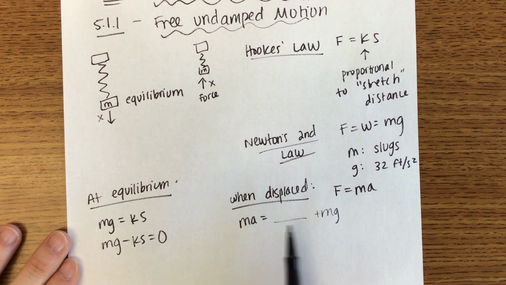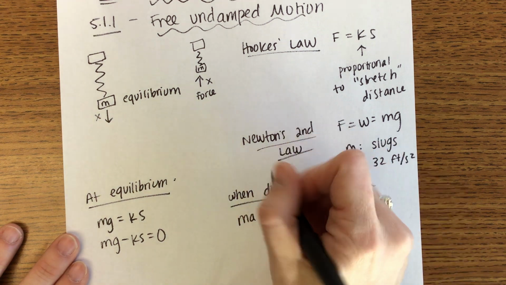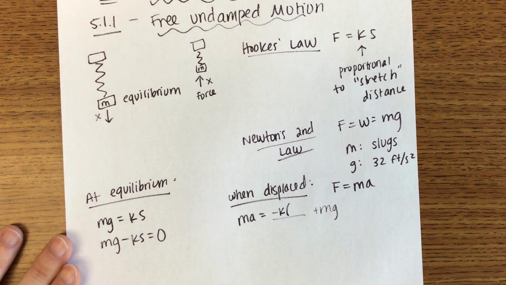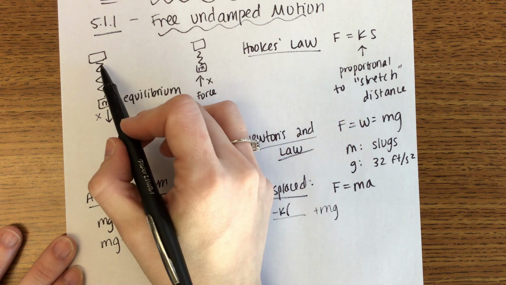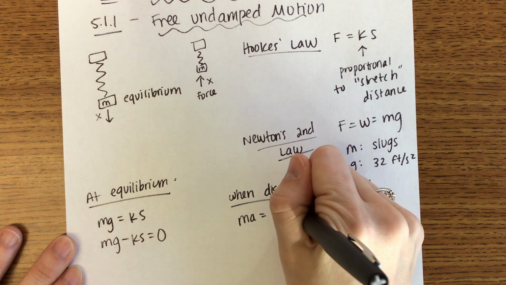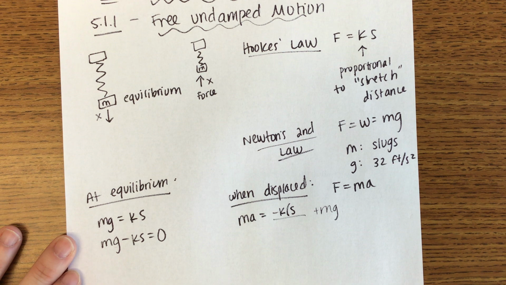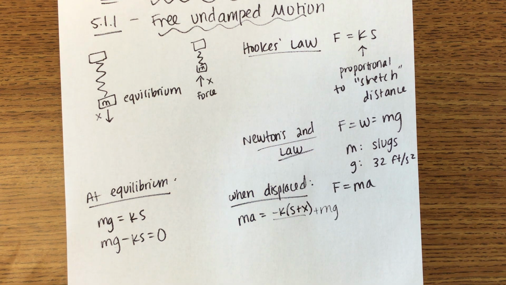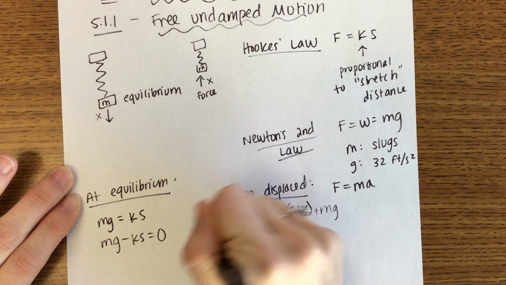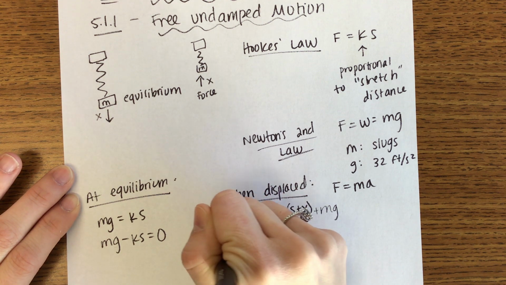So that's force due to gravity. And then we still have the force of the spring that is on the mass. So that is negative k, and then it's the stretch distance. Now, the stretch to get to equilibrium is s. Any amount that we move from equilibrium is x. That is the net force.